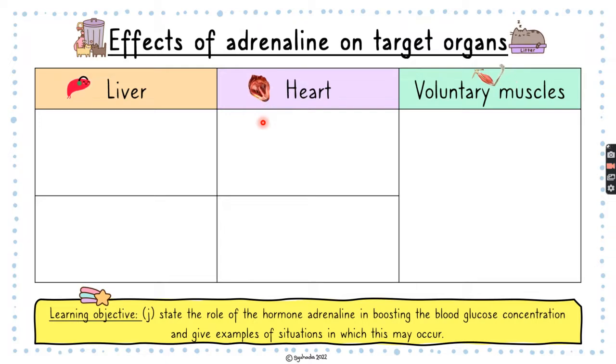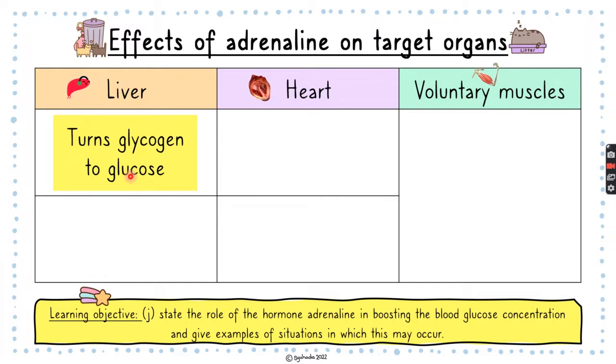So the effects of adrenaline on your target organs, when you are under emergencies, is that it helps you to prepare for that fight or flight mode. At the liver, the liver will turn glycogen into glucose. Remember that in animal nutrition, we learned about carbohydrates and the fact that glycogen is how we store our glucose in the case that we need to use them.